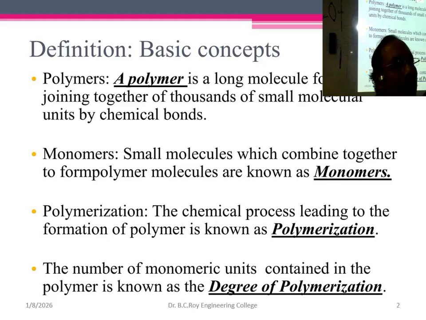If the same monomer gets repeated, we get a homopolymer, and when you get repetition of different monomer units, you get a copolymer. And the method by which the polymerization is done is called the polymerization technique.